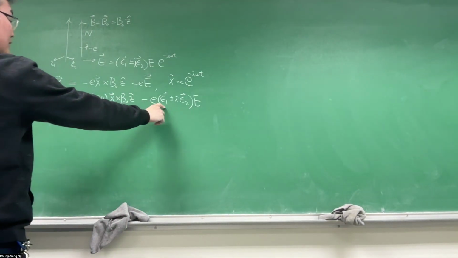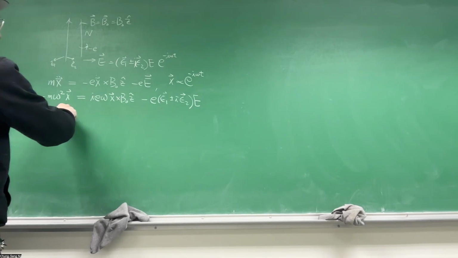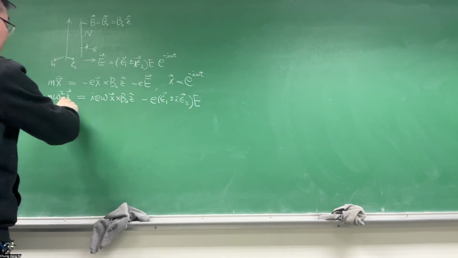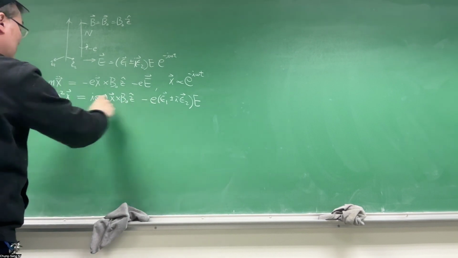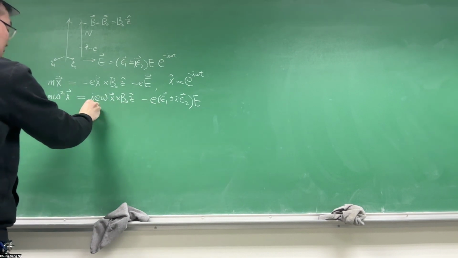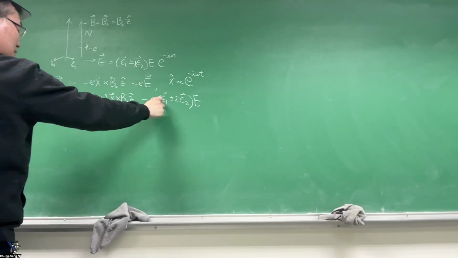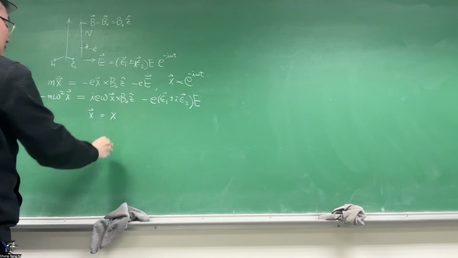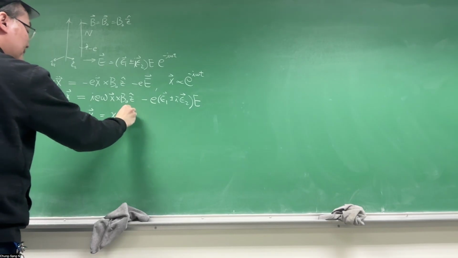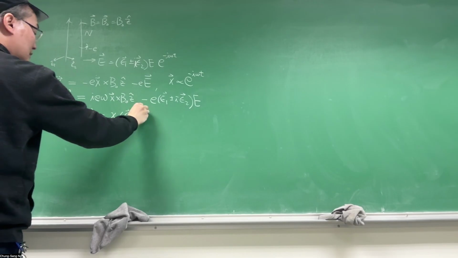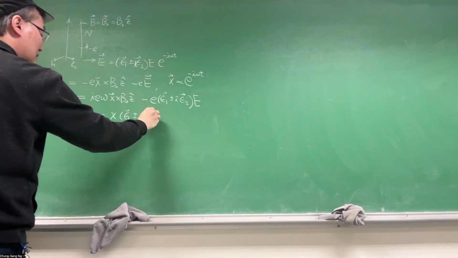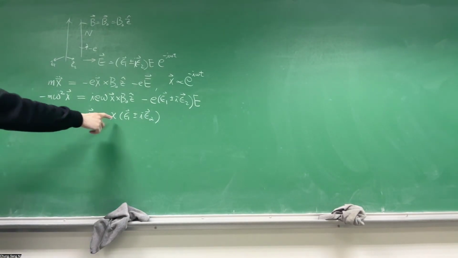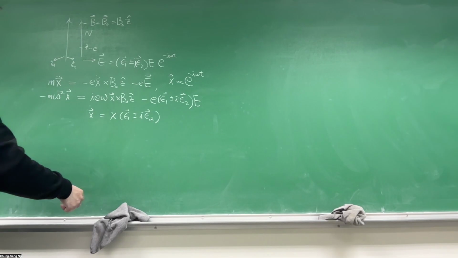Because you have this unit vector here, in order to match both sides, let's try that the direction of x is proportional to that, so it equals some magnitude x times epsilon 1 plus or minus i epsilon 2, for either case, and then figure out the scalar.